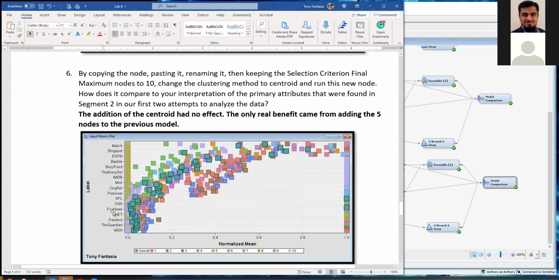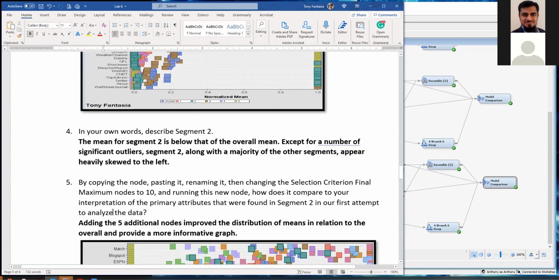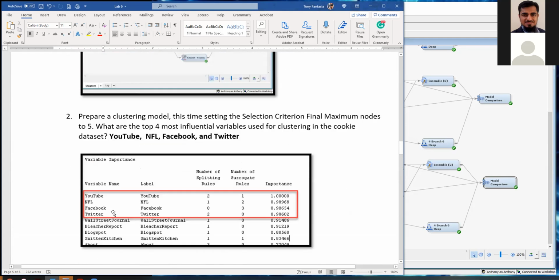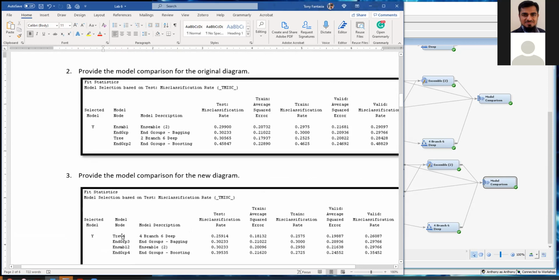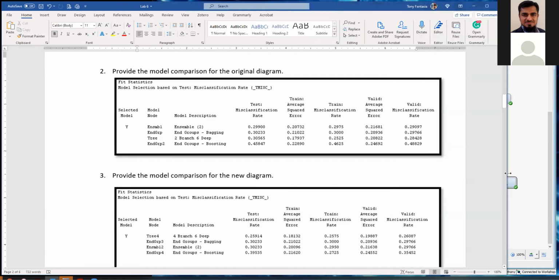Going back to the top, and Shaquille, let me know when you want to take a look at those graphs when you get results. Yeah, just one more minute. I'm almost done. Oh, that's okay.